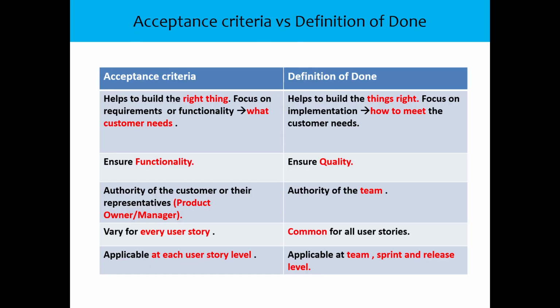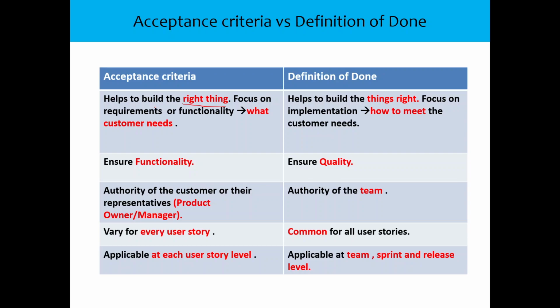Now, as we have already discussed acceptance criteria and definition of done, we can think about what is the difference between them. When we talk about acceptance criteria, it helps to build the right thing.